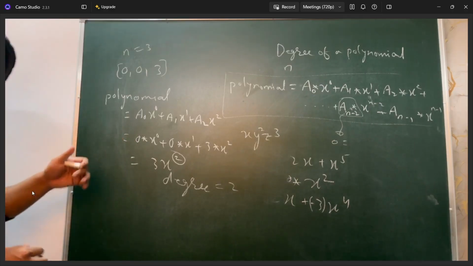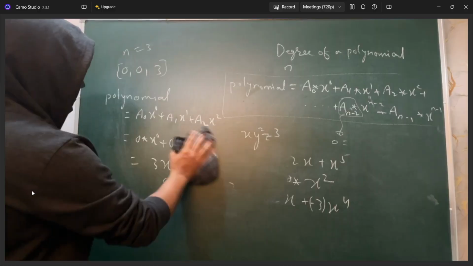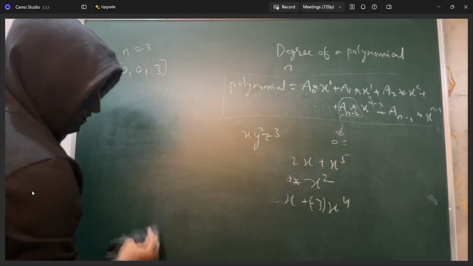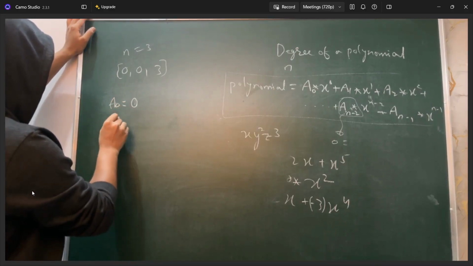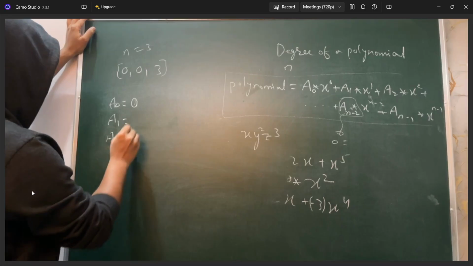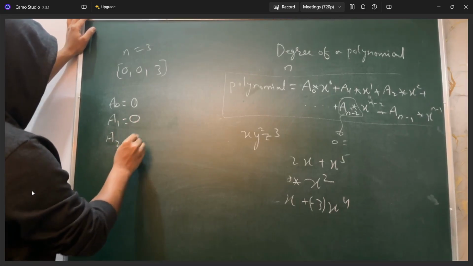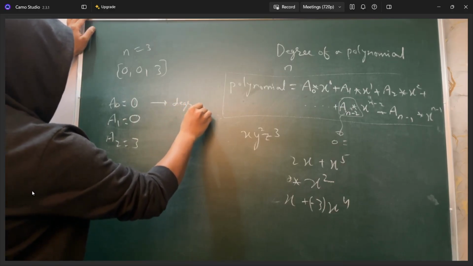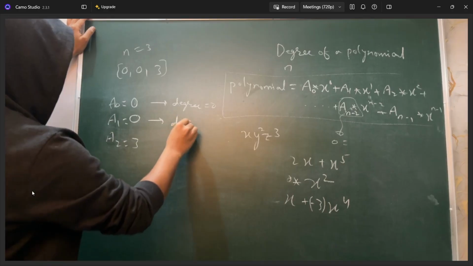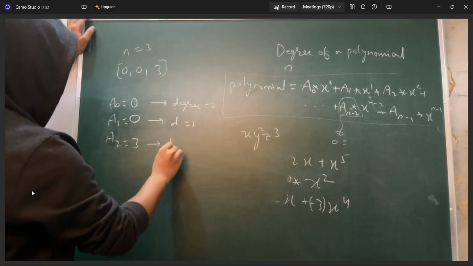But in the code, what you will be doing is, you have 0, this is a0, this is a1, and this is a2. So you will be running a loop from degree 0. So this is for degree 0, this is for degree 1, and this is for degree 2.